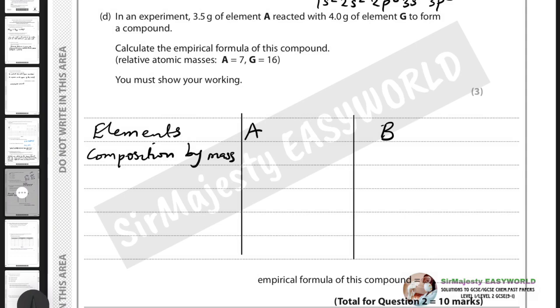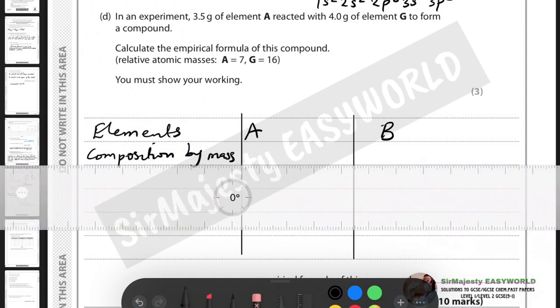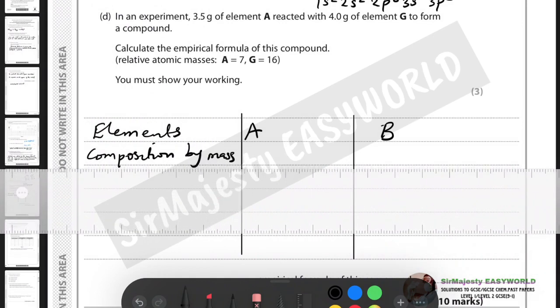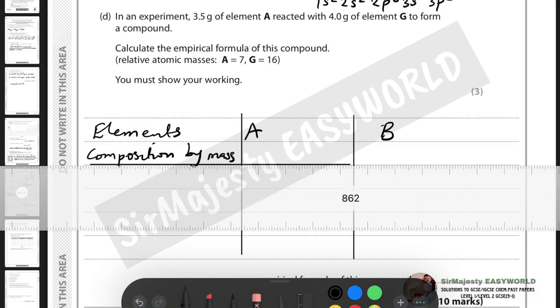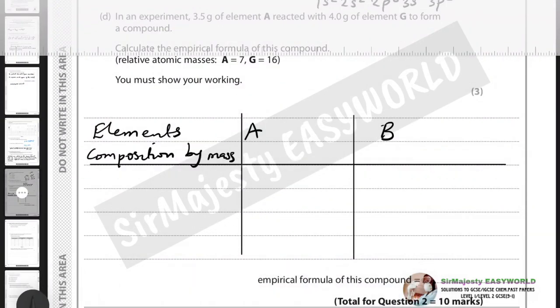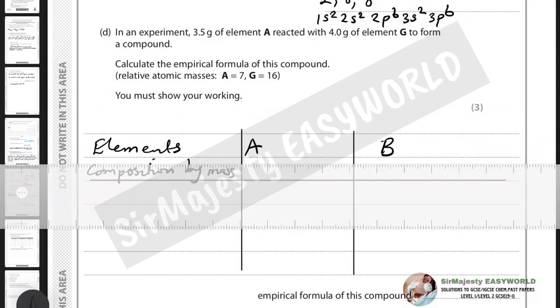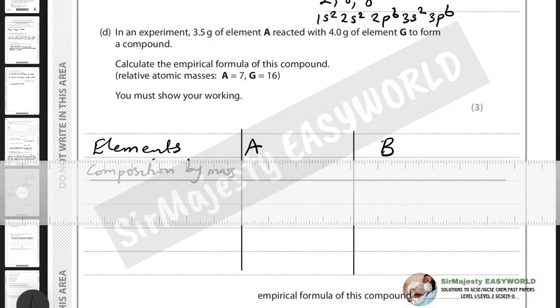Then the next thing is we still rule more since we have started ruling. Use the ruler wisely. After the elements, then composition by mass. Then you now say the relative atomic masses.